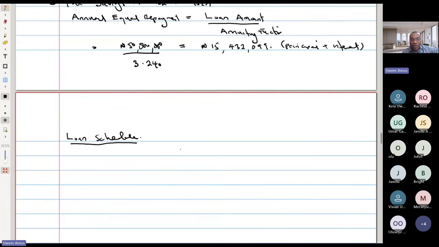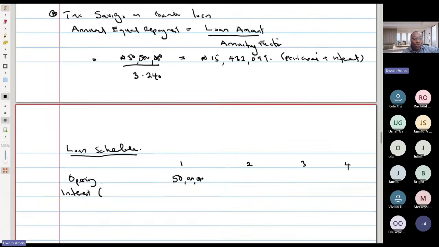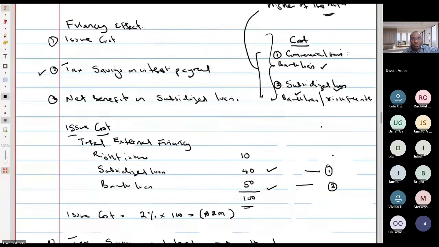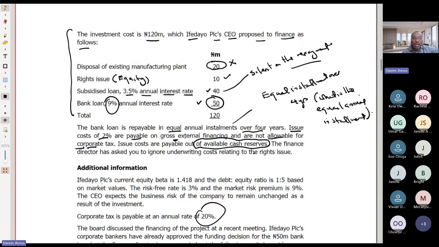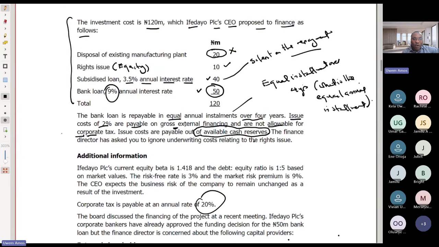Okay, so we have year 1, year 2, year 3, year 4. So opening, we borrowed 50 million. We're going to pay interest. What is the interest rate on the bank loan? 9% annual interest rate.